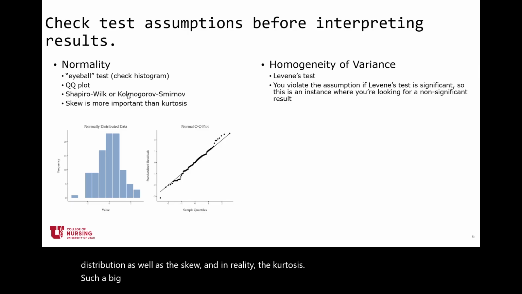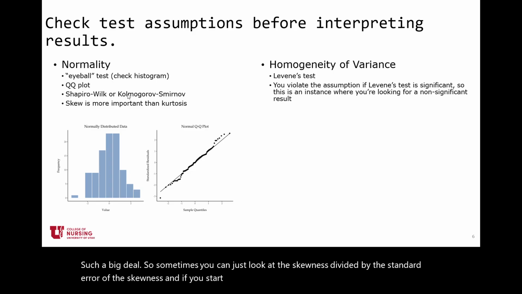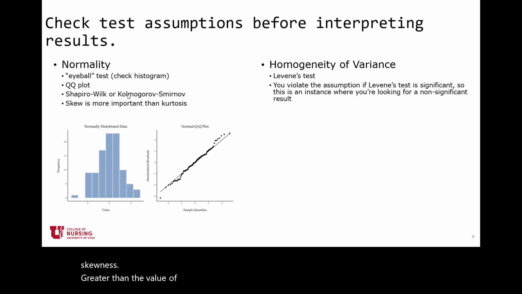So sometimes you can just look at the skewness divided by the standard error of the skewness, and if you start getting skewness divided by standard error of the skewness greater than a value of 2, then you might have a problem with your normality assumption.